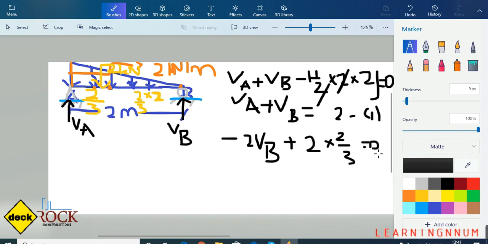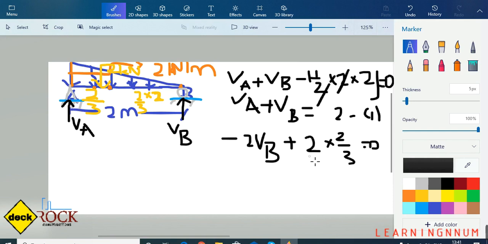Any other load creating moment about point A? Nothing, right? VA is acting exactly at point A, so there is no perpendicular distance. VA would not cause any moment about point A, because moment means force into perpendicular distance. So 0 into anything is 0.